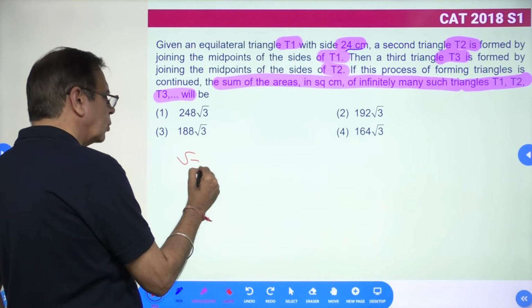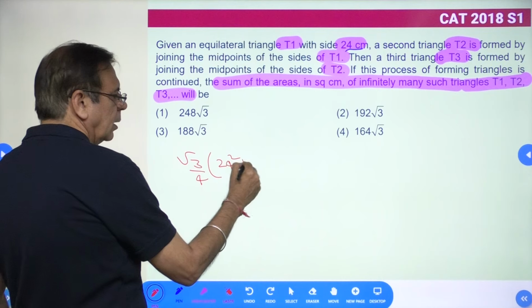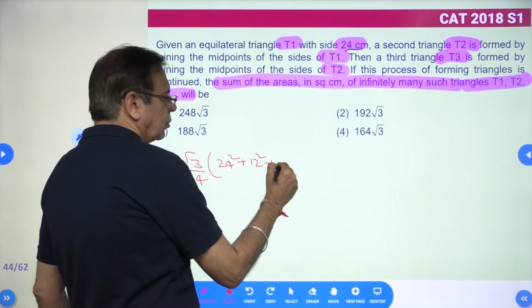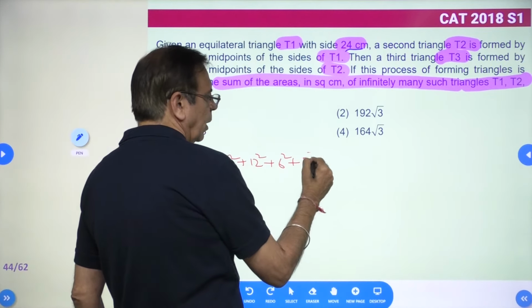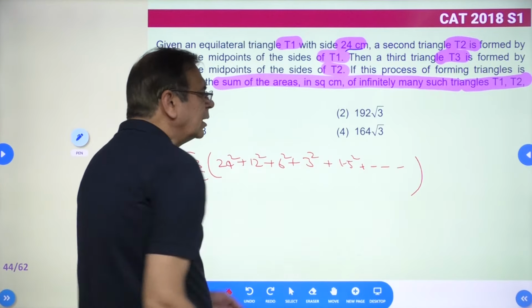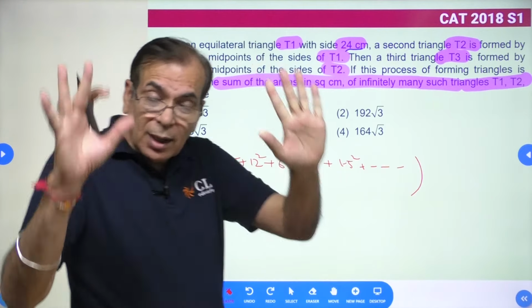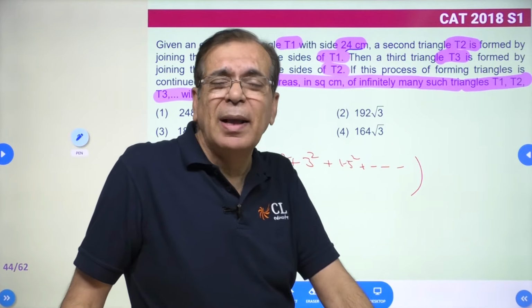Take root 3 by 4 common into 24 square plus 12 square plus 6 square plus 3 square plus 1.5 square. That is enough, we leave the rest. After this, the terms will become so small they don't matter. The best thing about an infinite series is that you get the answer based on the first 5-6 terms.